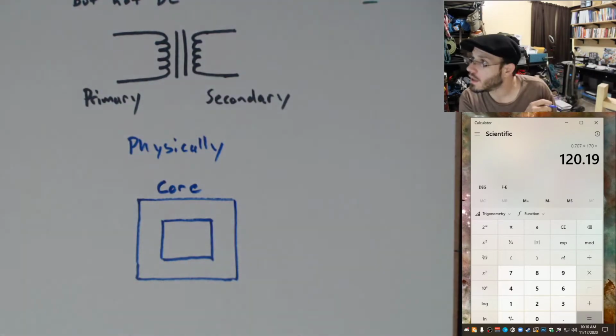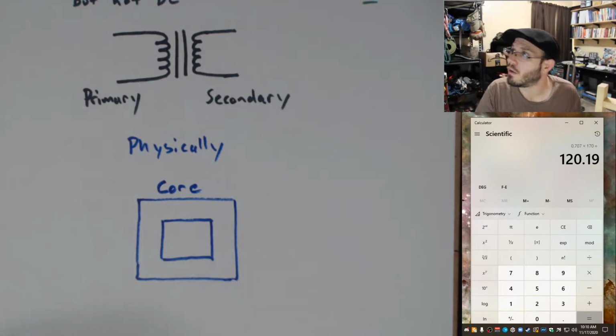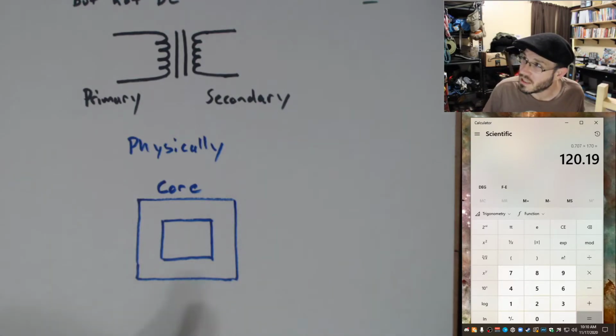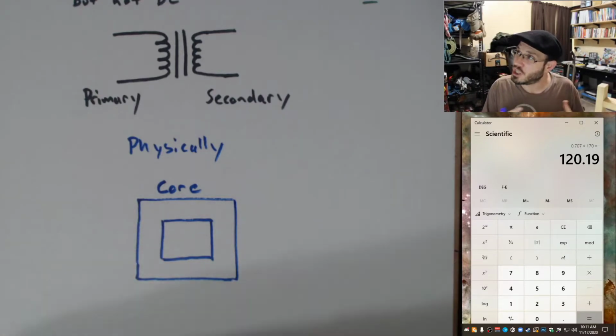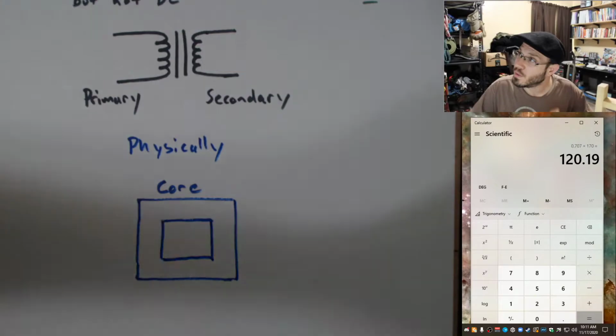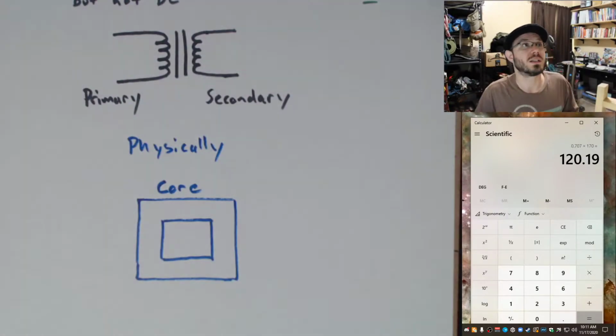Now the core is just a chunk of ferrous material, something that can concentrate some magnetic field lines, something that is essentially magnetic. And when we talked about inductors, we did talk about a couple of different cores. You could have an air core. In other words, you can have no core. You're still going to have a shared magnetic field if these two inductors are physically close to each other.